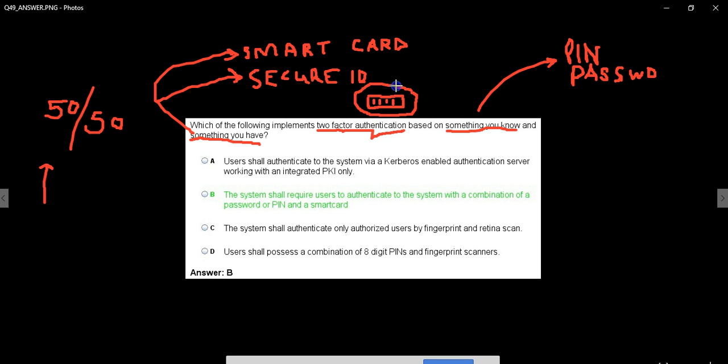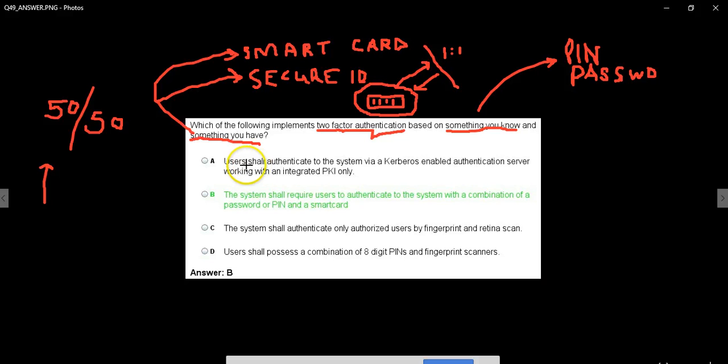Since it's something you have, at your corporation it'll try to do a one-for-one match on that number, because it knows who you are and which PIN and which token you have. It'll say, is this exactly what I'm looking for? And if it is, then I'm going to authenticate this person. So those would be two examples of something you have. So PIN and password, something you know, and something you have. So we're looking for that.